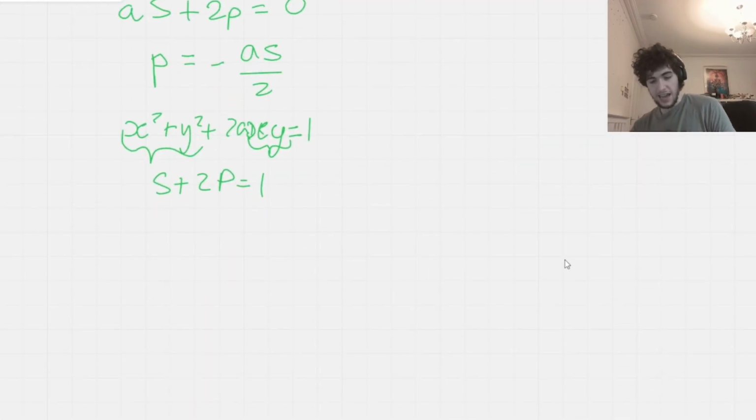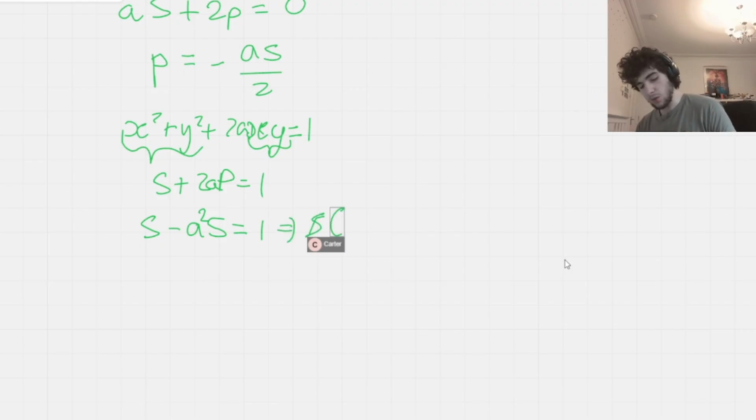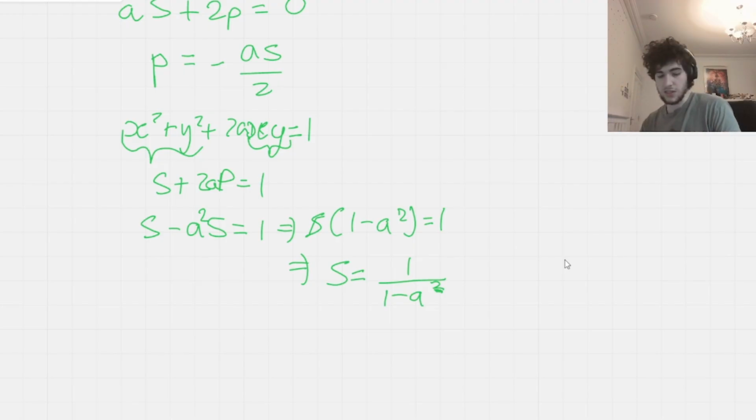Plugging in p as minus as over 2, it should really be minus a squared s, so s minus a squared s is equal to 1. This implies that s multiplied by 1 minus a squared is equal to 1, which implies that s is equal to 1 over 1 minus a squared, as required. Obviously, a is strictly between 0 and 1, so that denominator is not going to be 0.